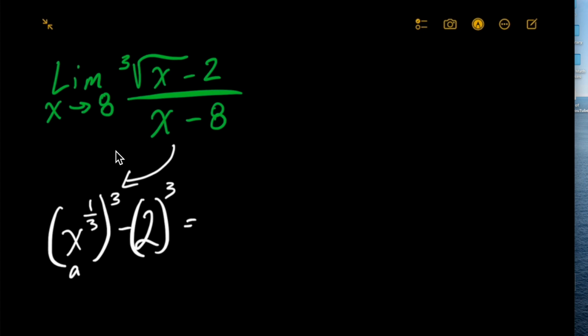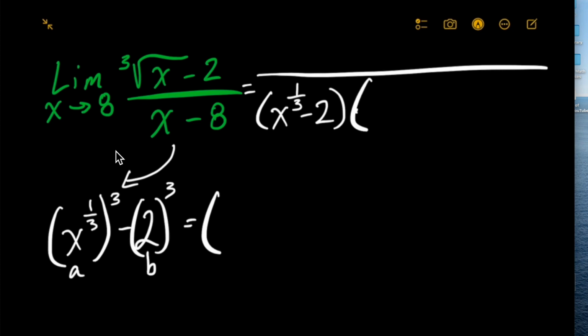So here's our a, here's our b. So this is really a minus b times a squared, x to the 1/3 squared is x to the 2/3, plus a times b, plus b squared.